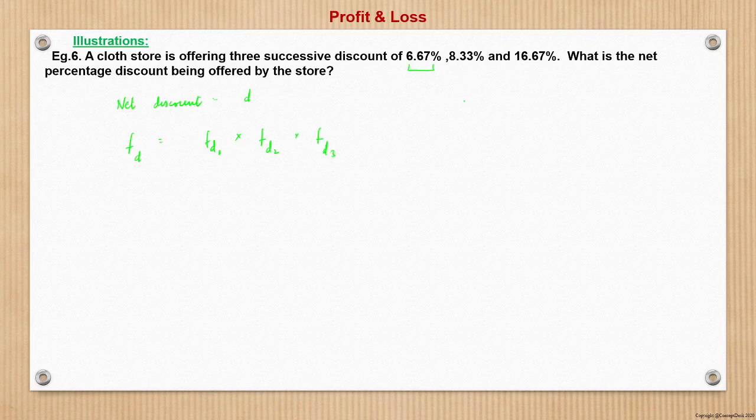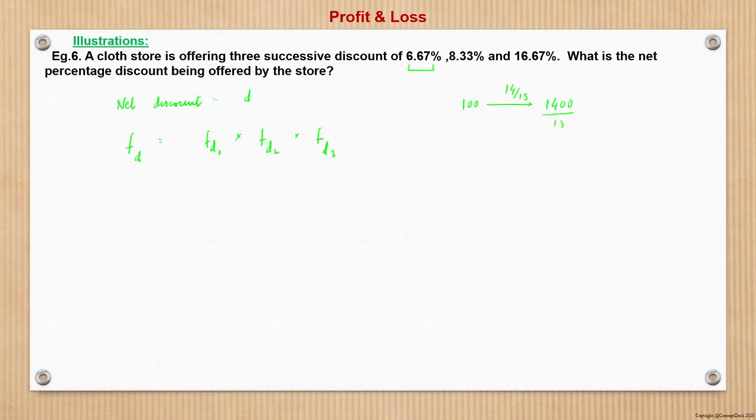Basically what we are doing, if the market price was 100, over this 6.67% down, 6.67 is what? 1 by 15, right? 1 by 15 down means 14 by 15. So this becomes 14 by 15 times 100.